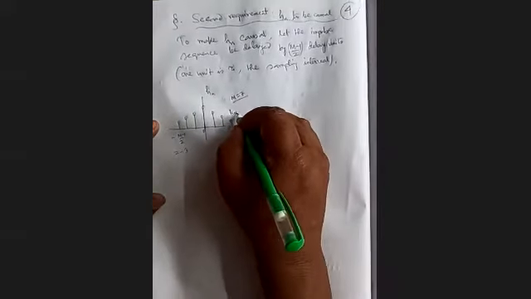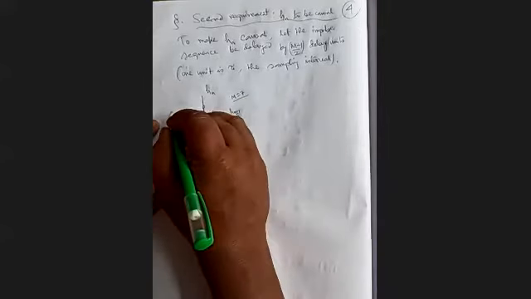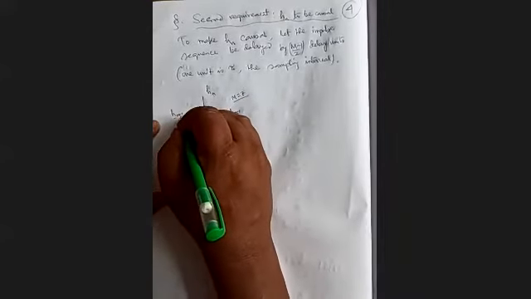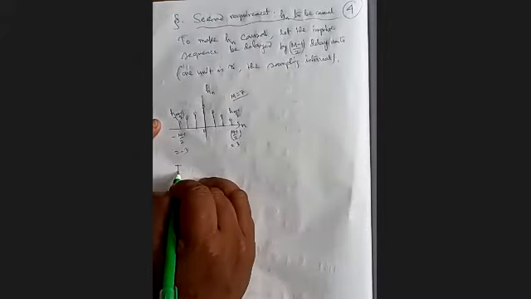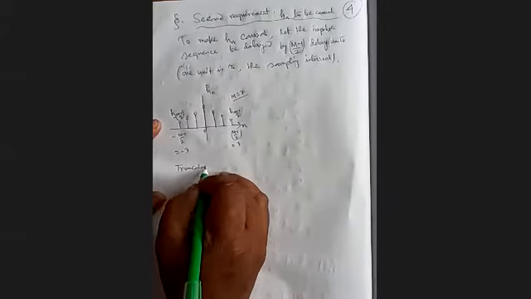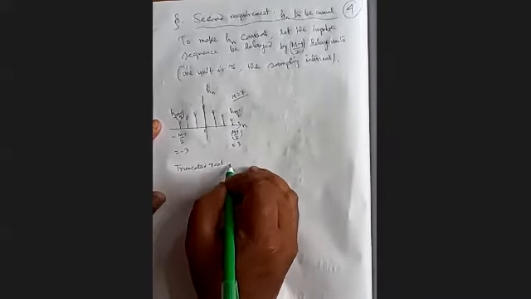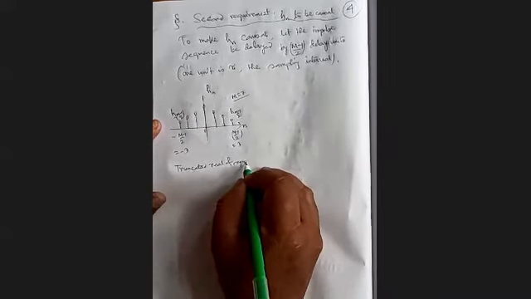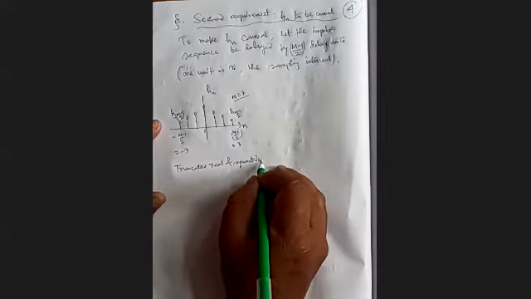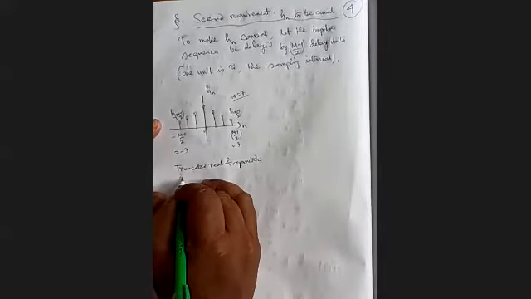So it is h at (m minus 1)/2 and here h at minus (m minus 1)/2. Clear? So this is actually our truncated real and symmetric impulse sequence.